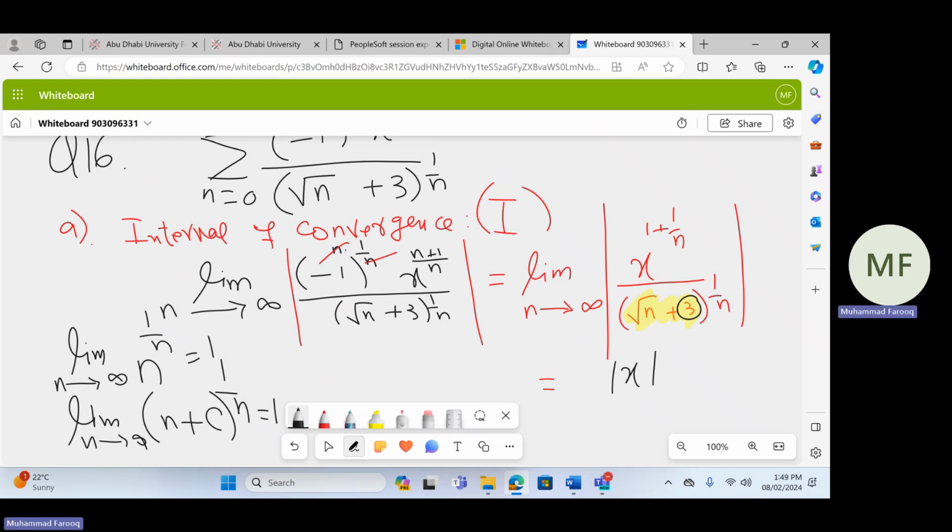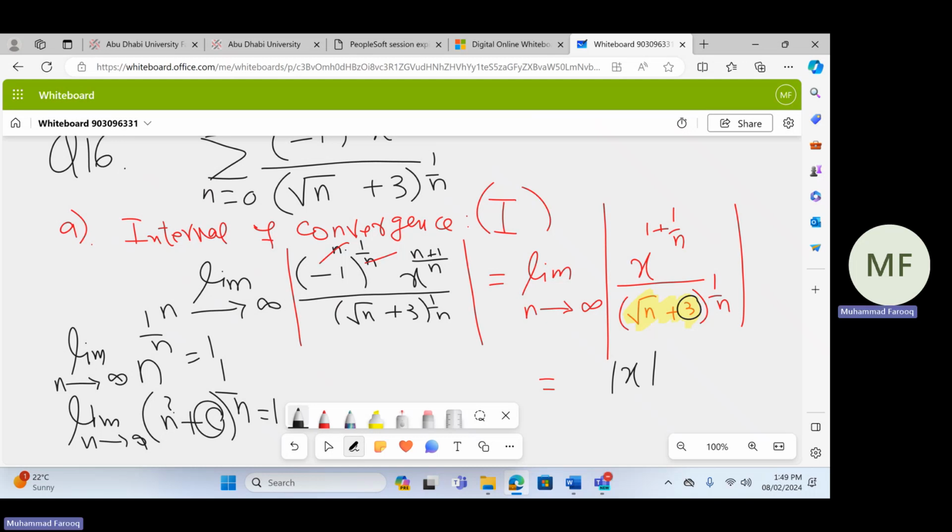Any power here doesn't matter, and any constant added here is no problem, because there was a square root. You can check even from the calculator: take a very big value here, let's say 10 power 5, it has a square root plus 3, and take the 1 by 10 power 5, check the output, it is 1. Okay?